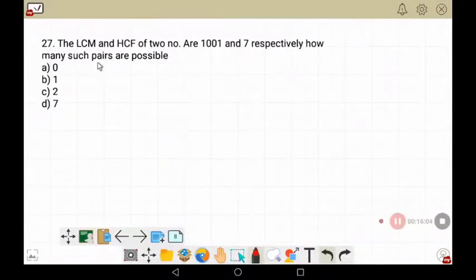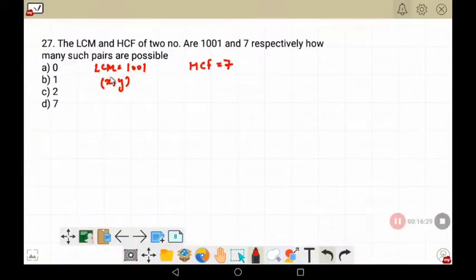We are given LCM, that is 1001. Next is HCF, that is 7. Now the question says how many such pairs are possible. So let us assume there is a pair of x and y numbers.